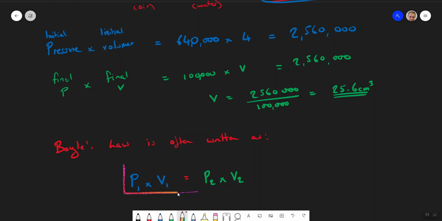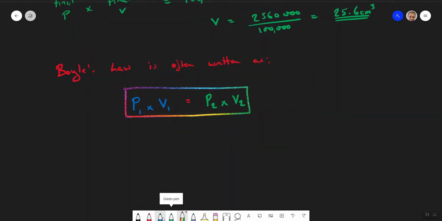And this is often how it actually gets written mathematically, because we're not really interested in what this constant in the middle is, because as I said, it's different for every different case. It doesn't represent anything special. So it often tends to get written as this.